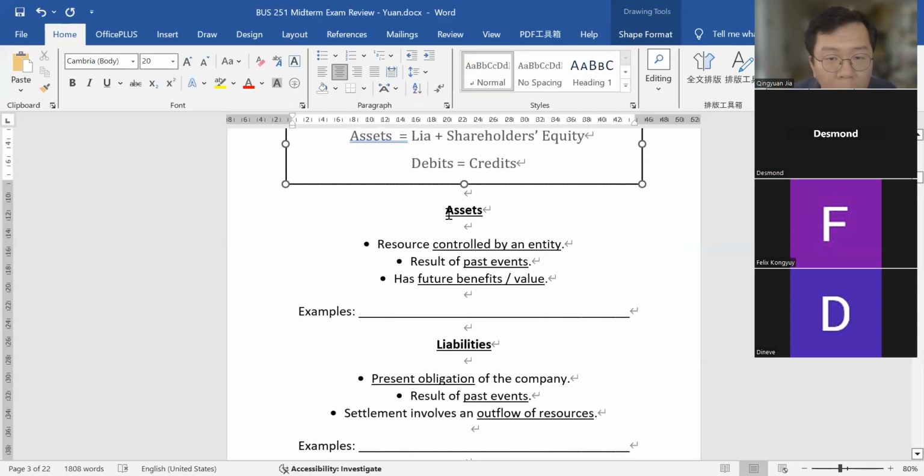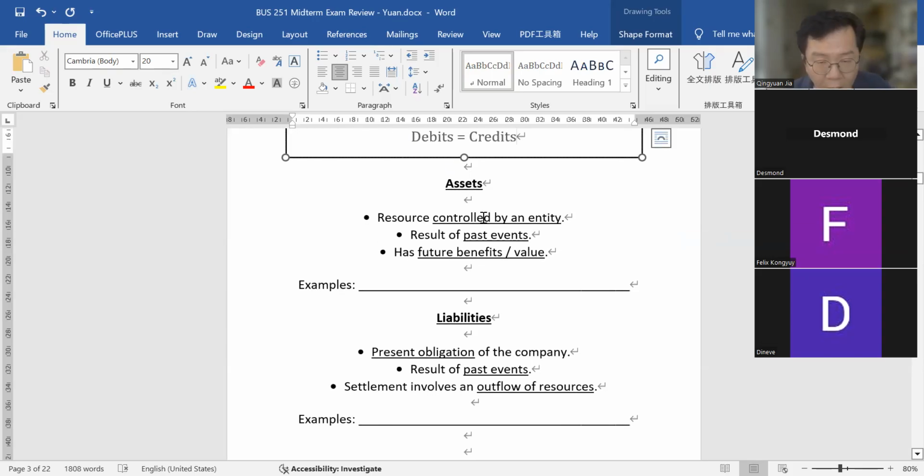The next part we will talk about is assets. The definition of assets is the resources controlled by an entity, as the result of past events, which have the ability to bring the company future benefit or value in the future.